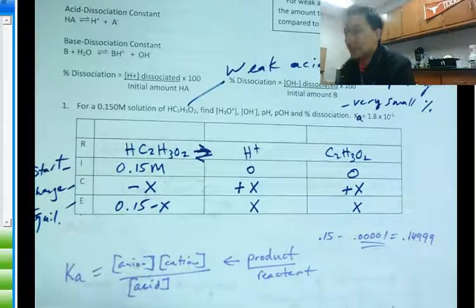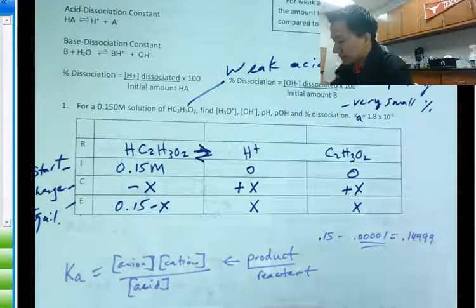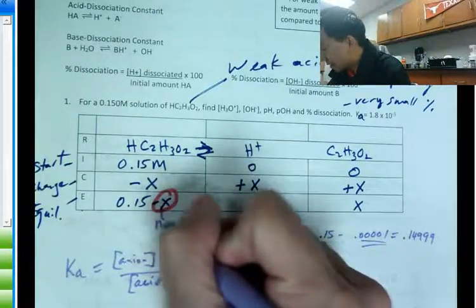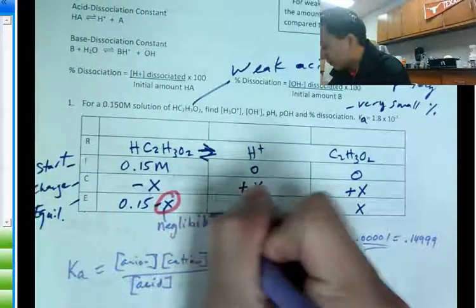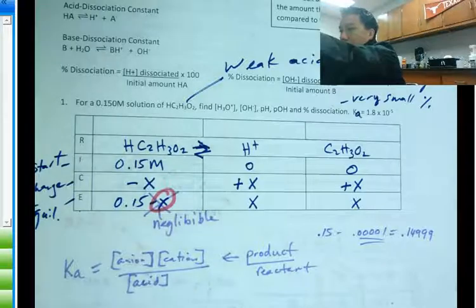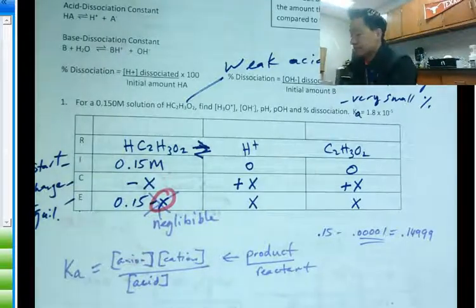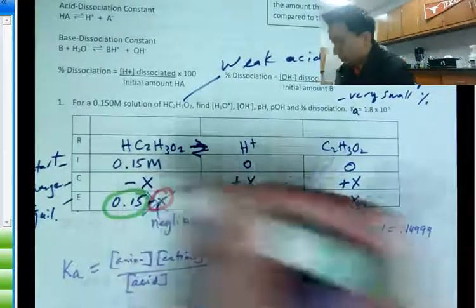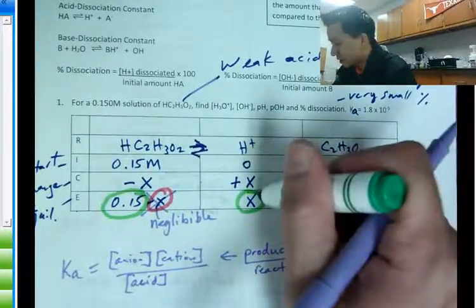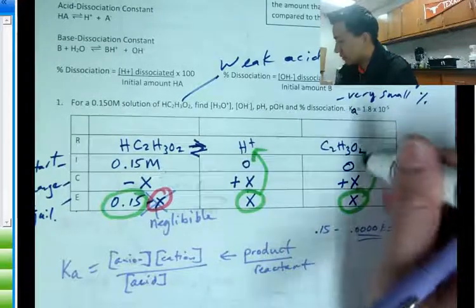This x here is negligible, so we can ignore it, and all we have left is the 0.15 molar there, and then x for hydrogen and x for the anion as well.